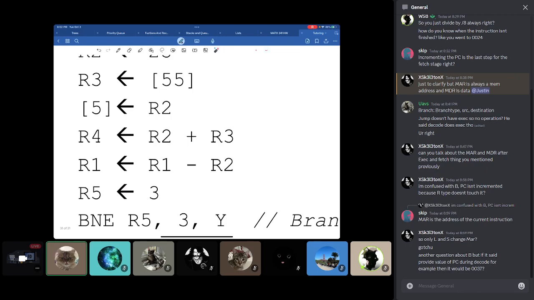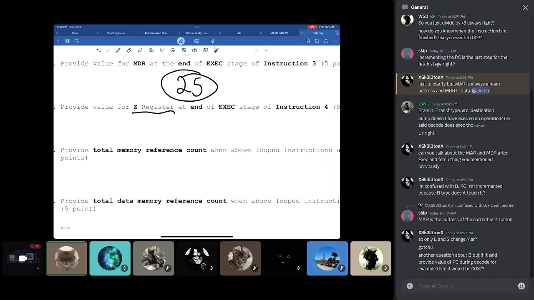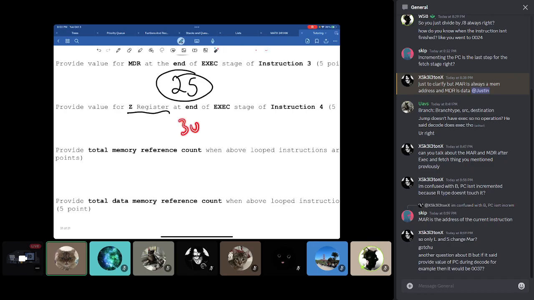That means that we're going to be taking 25 plus 5, storing it into Z, and then from there it goes into R4. Okay. So 25 plus 5, we know that's 30. That's put into Z, and then from Z it's put into R4. And it's put into Z at the end of the exec stage, so for this, the answer would be 30, right?